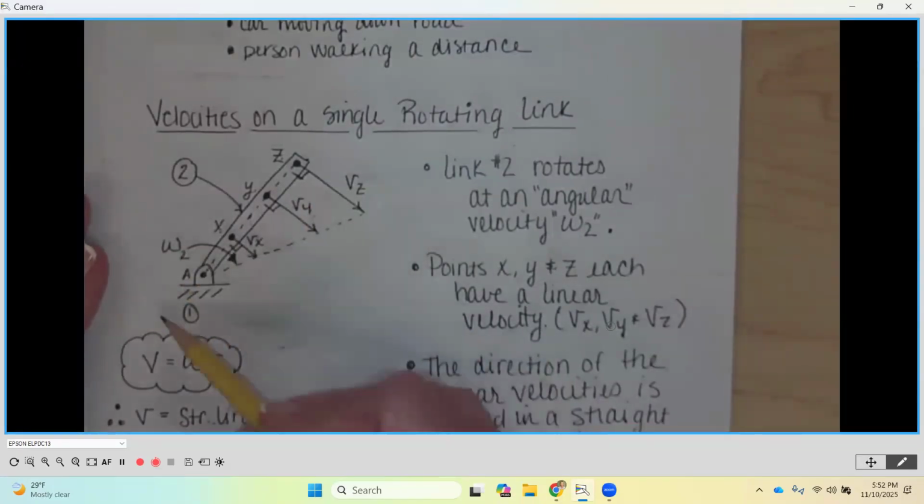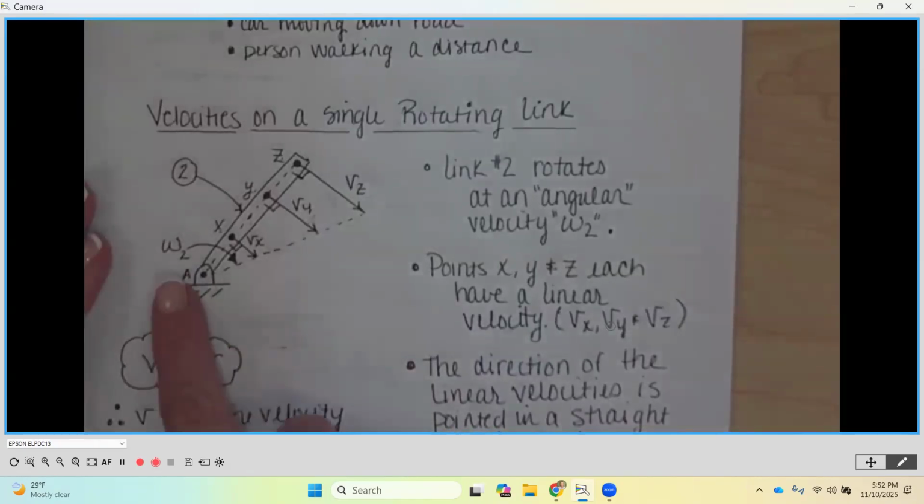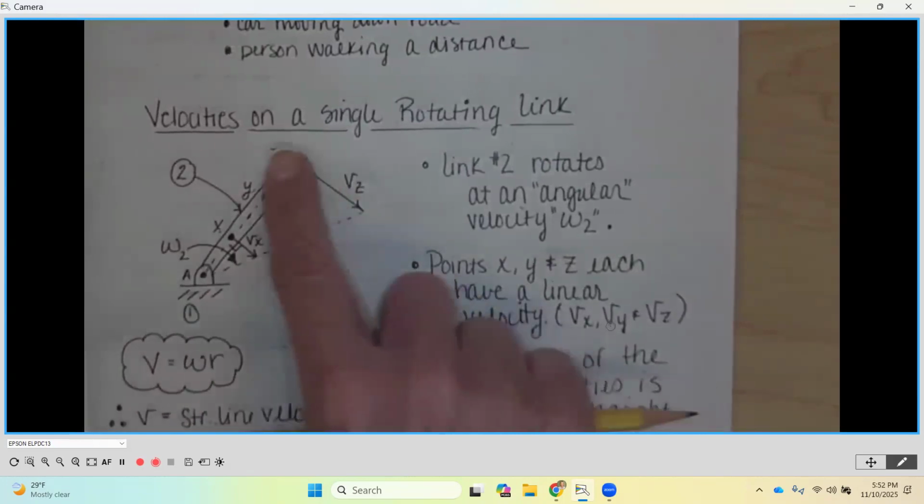As it rotates, we're going to describe that motion as angular velocity. The units for angular velocity are going to take one of two forms, either revolutions per minute or radians per second. Okay, and there's going to be certain times when we use each. Angular velocity is going to have the variable W, or lowercase omega.